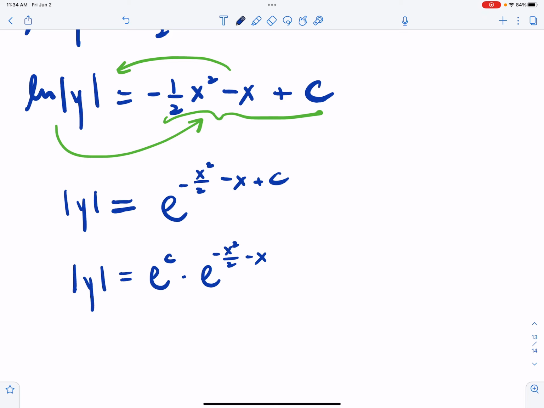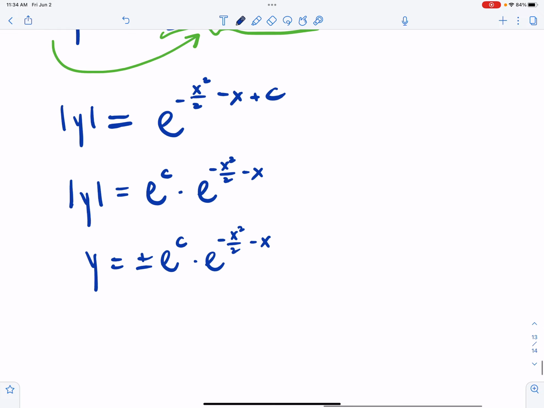So that's just a constant. And then again, we could think about the plus or minus e to the c times e to the negative x squared over 2 minus x. This is just a constant. So some texts will rename that like capital K, choosing a different constant. I'm just going to call it capital C.